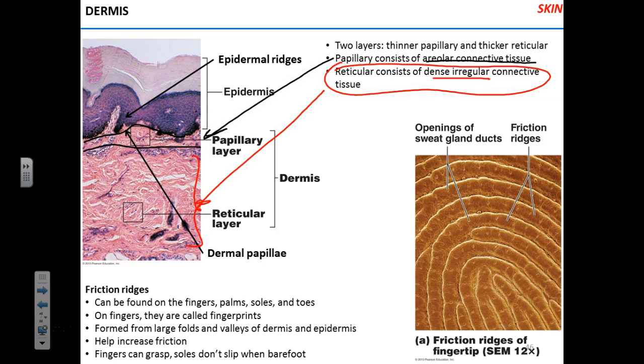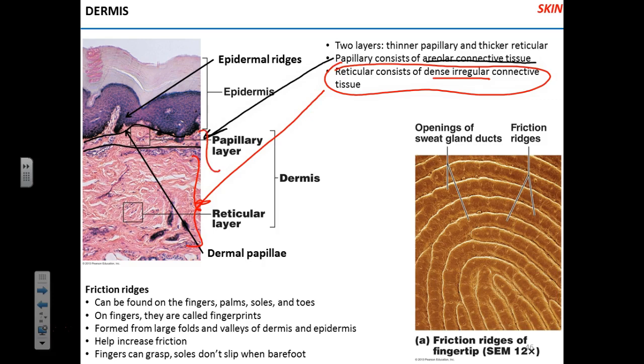Maybe not extreme pulling force, but some. And this dense irregular connective tissue with collagen fibers running in all directions really is the structural reinforcement of your skin. It can withstand those pulling forces in any direction. Am I clear?